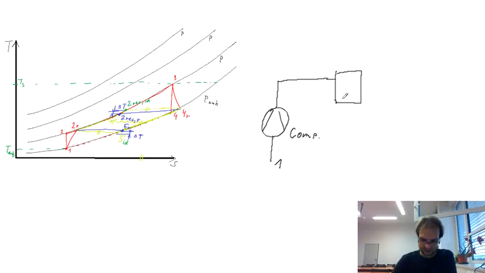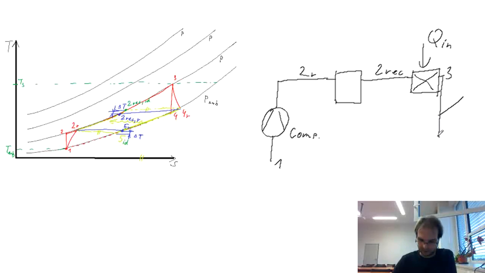So let's draw a box between points 2, respectively 2R, and 2 recuperated. Following on that is some combustion chamber, where we are combusting the fuel, or generally there is some heat addition, to the point 3, before the turbine.